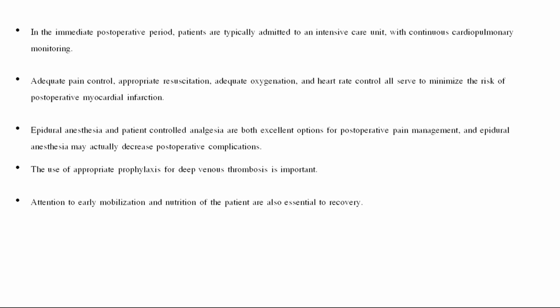So after 12 to 24 hours after surgery, depending upon the patient's pain, we can remove the epidural kit. So epidural anesthesia may actually decrease the postoperative complications, especially postoperative pain. So appropriate prophylaxis for deep vein thrombosis should be used. You should mobilize the patient early, and nutrition of the patient is also important for better recovery.